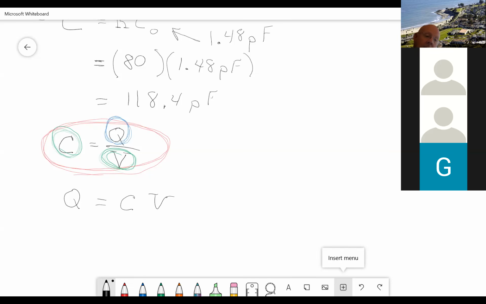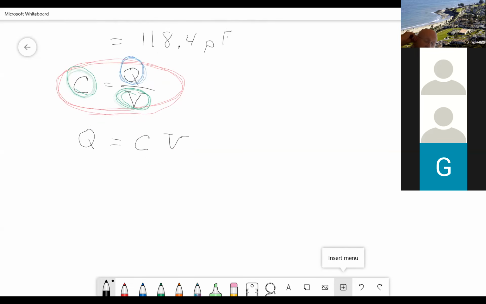We could either recalculate it or just do factors of 80. Maybe I'll just recalculate it. That might be less confusing. But drawing in blue, if this capacitance just went up by a factor of 80, then this voltage must go down by a factor of 80 in order to keep the Q the same amount.